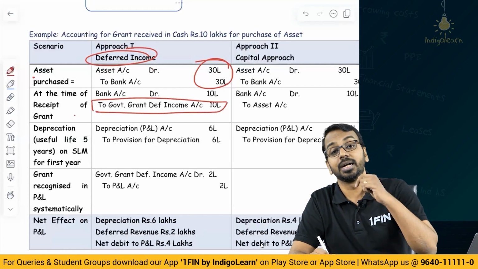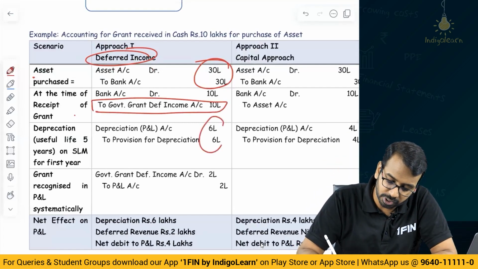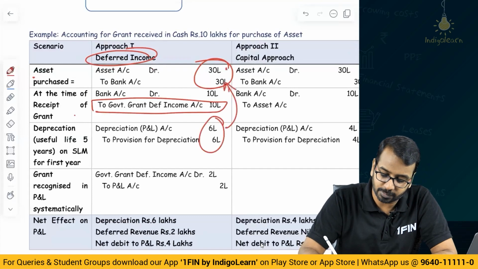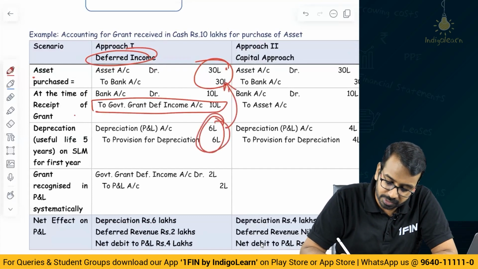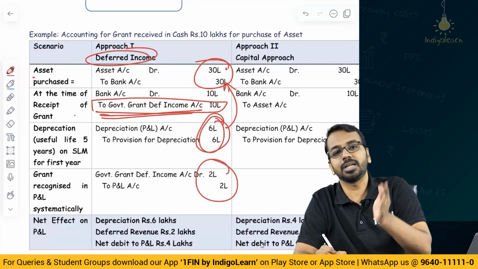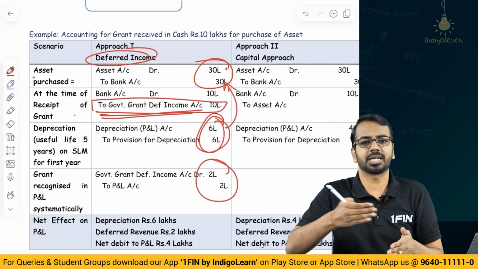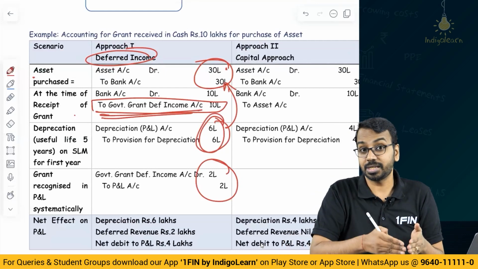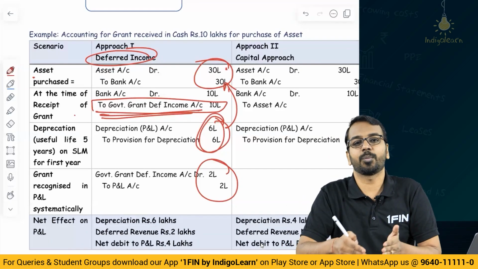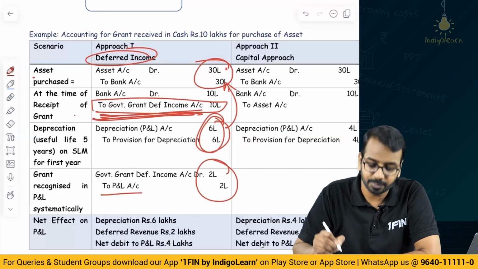Every year you charge depreciation on original cost. So, 30 lakhs by 5 is 6 lakhs. From this government grant deferred income account, you will transfer to P&L an amount in the ratio of depreciation. Now, if the depreciation is SLM basis, every year the transfer also will be same. If depreciation is WDV basis, in that proportion you will transfer from deferred government grant account to the P&L account.